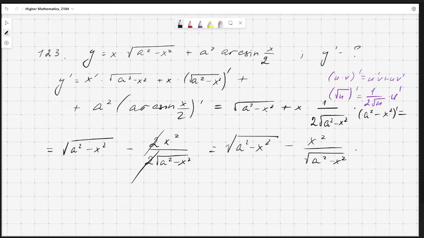We can make one quotient, or we cannot. If you want, I do it.